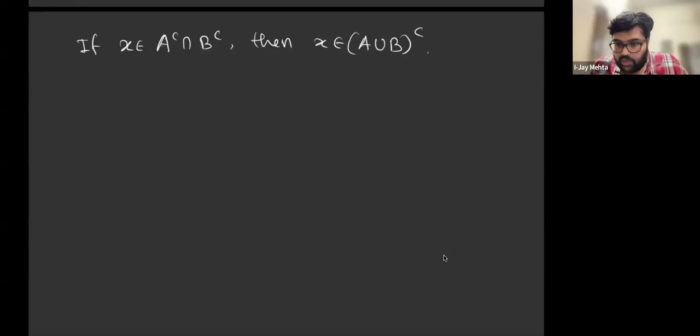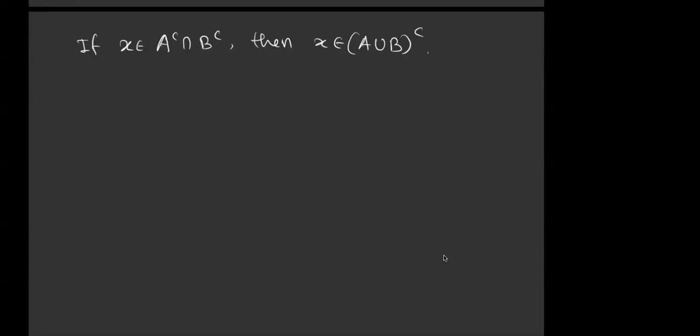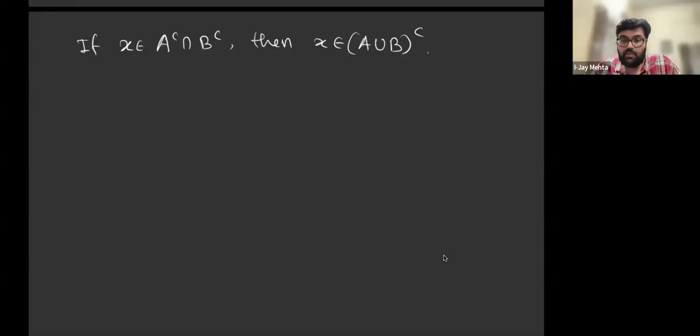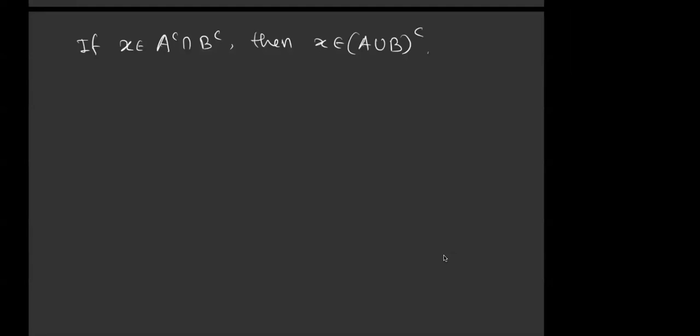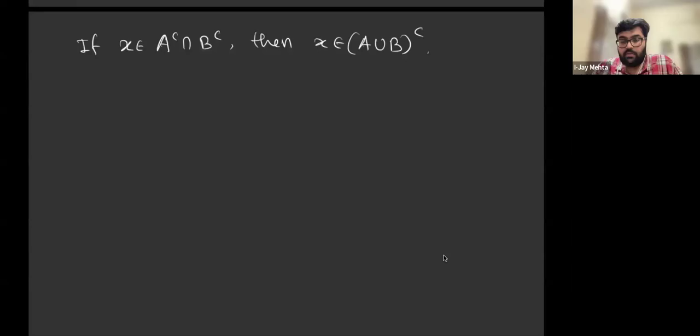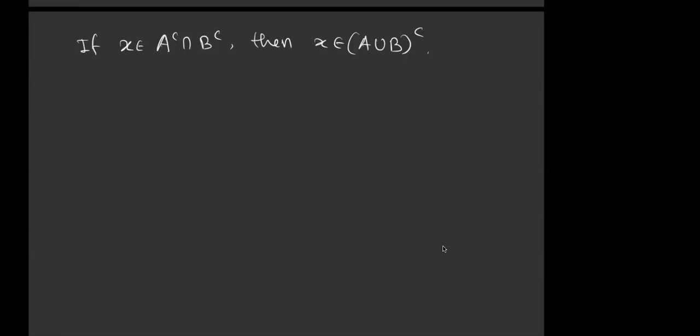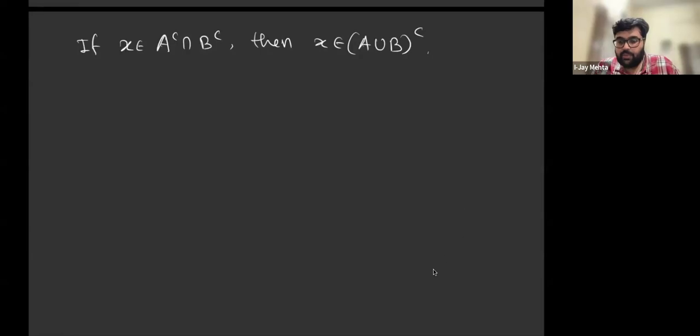Room number 7, Ashwini. Where do we start to prove this? Starting from x belongs to A complement and x belongs to B complement. Before that, but then you have taken the next step. What should be the first step? Already I said. Pradnya, room number 6.